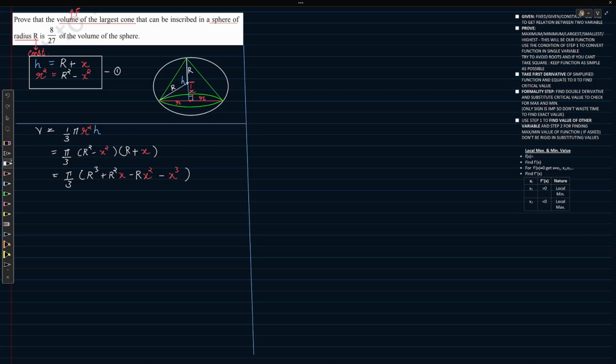Done. This is simplified form. So we can now say let f of x is equals to our volume.